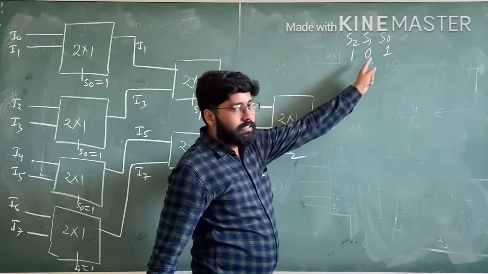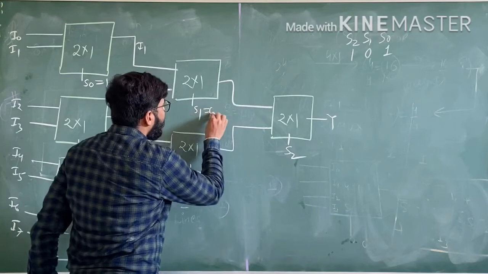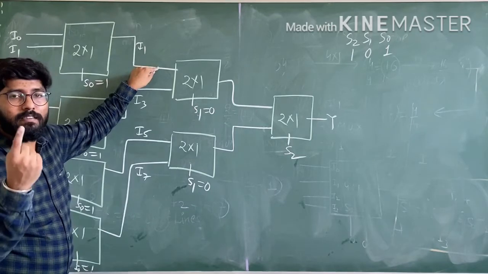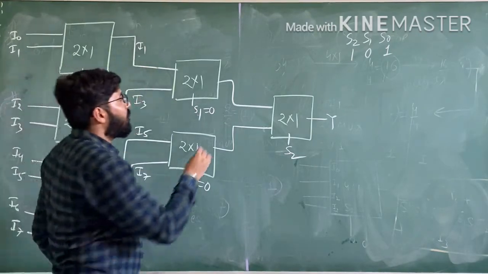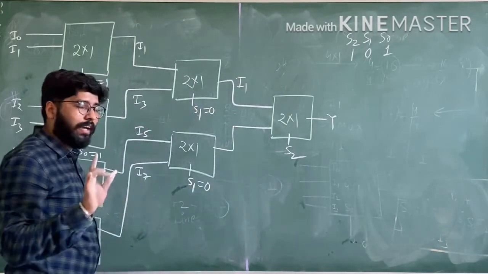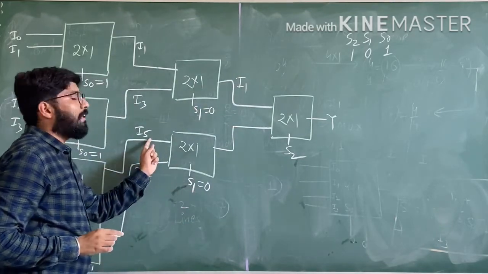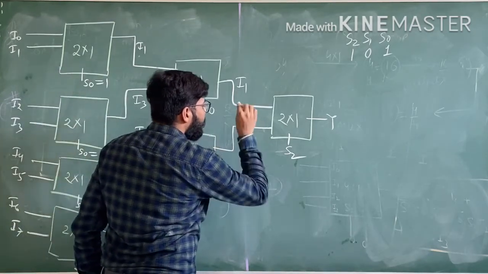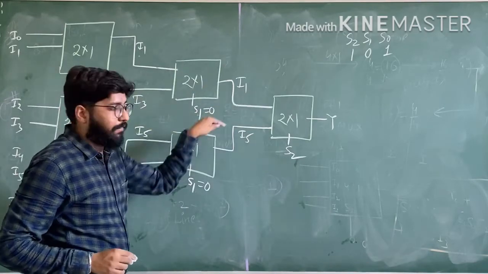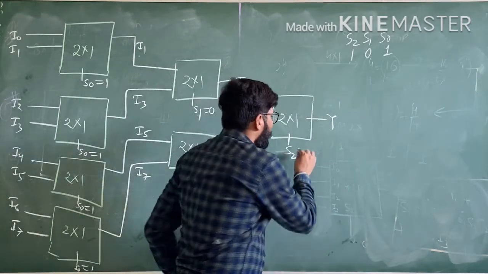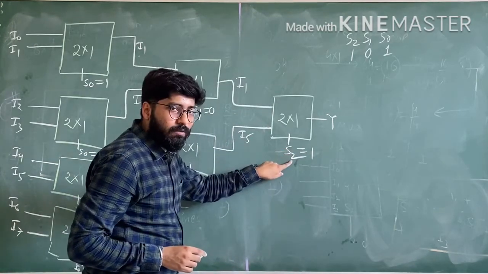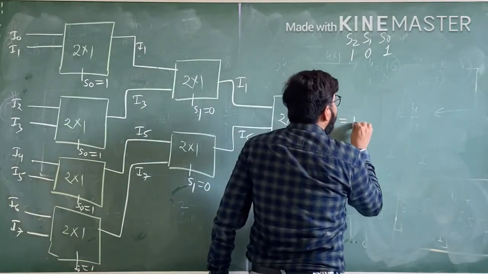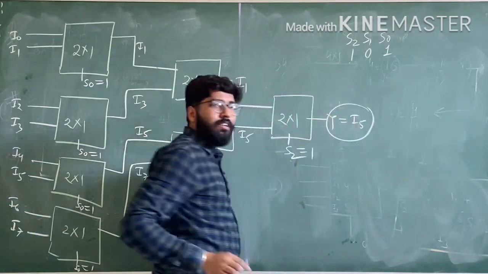Now, S1 is 0, so we put 0 here and 0 here. If S1 is 0, the multiplexer passes the first line, which is I1, so we get I1 here. If S1 is 0, the multiplexer passes the first line, which is I5. It is clear? So we get I1 and I5. Now S2 is 1. For S2 equal to 1, the multiplexer passes the second line, which is I5. We get I5.